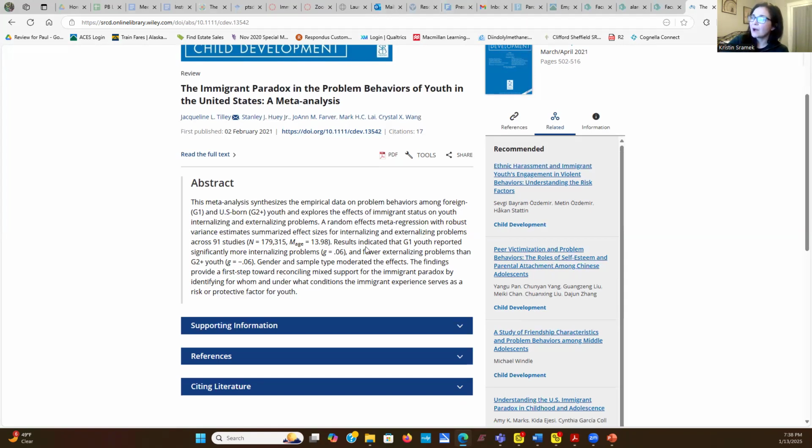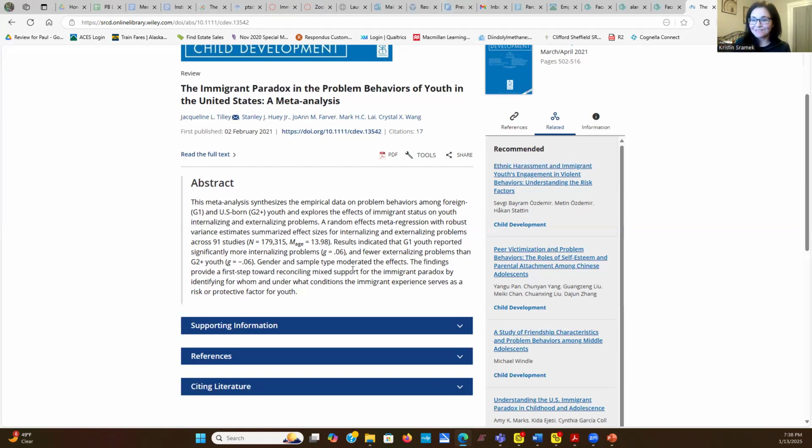This is talking about how basically the people that are coming here from their mother country, they maybe aren't getting into trouble, right? They're internalizing their problems. Maybe they're having more mental health type issues, whereas the kids that are born in the United States, the children of immigrants or maybe grandchildren and so forth, they're going to externalize their behavior, meaning they're probably going to get into trouble.